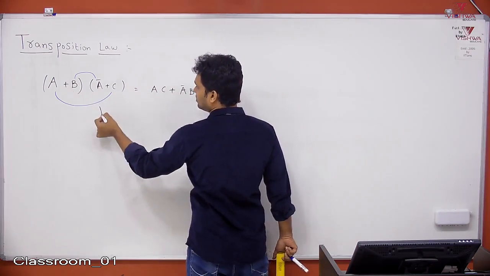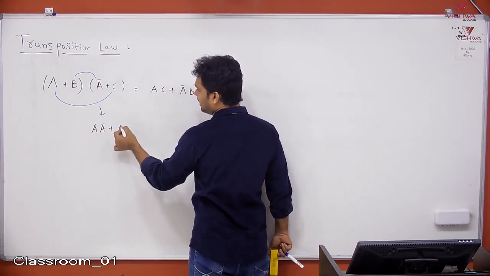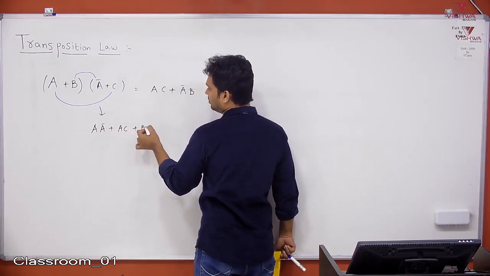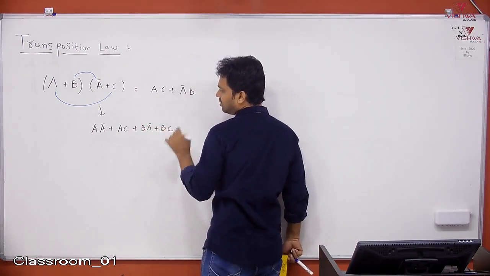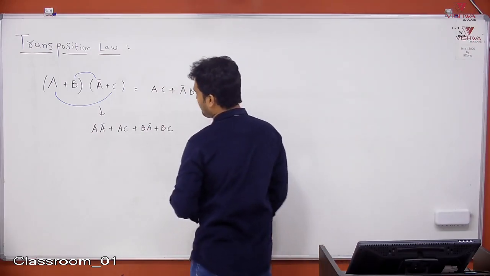Expand this. A into A bar, A into C, B into A bar, B into C. You can see, can you take anything common here?